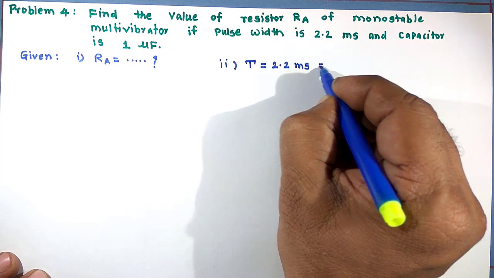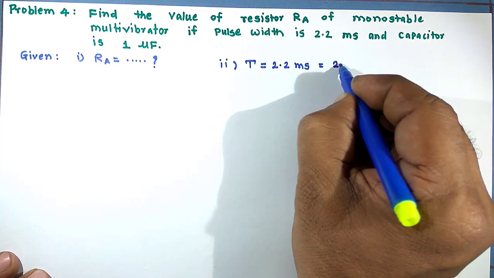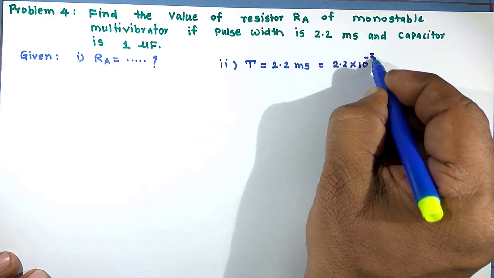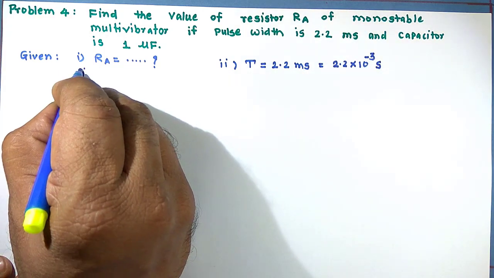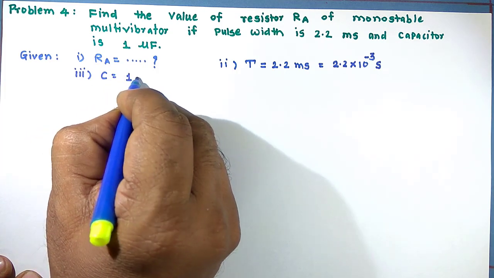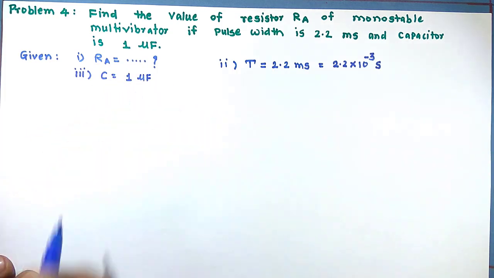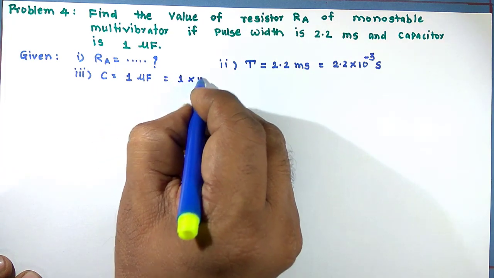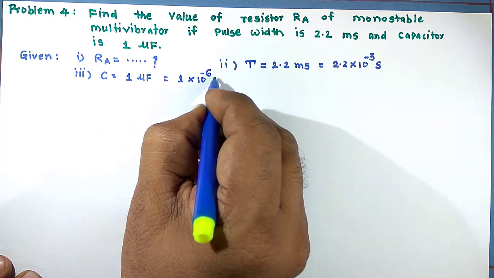Let us convert it into second. So it is 2.2 into 10 raised to minus 3 second. Value of capacitance is given. It is 1 microfarad, that is, it is 1 into 10 raised to minus 6 farad.